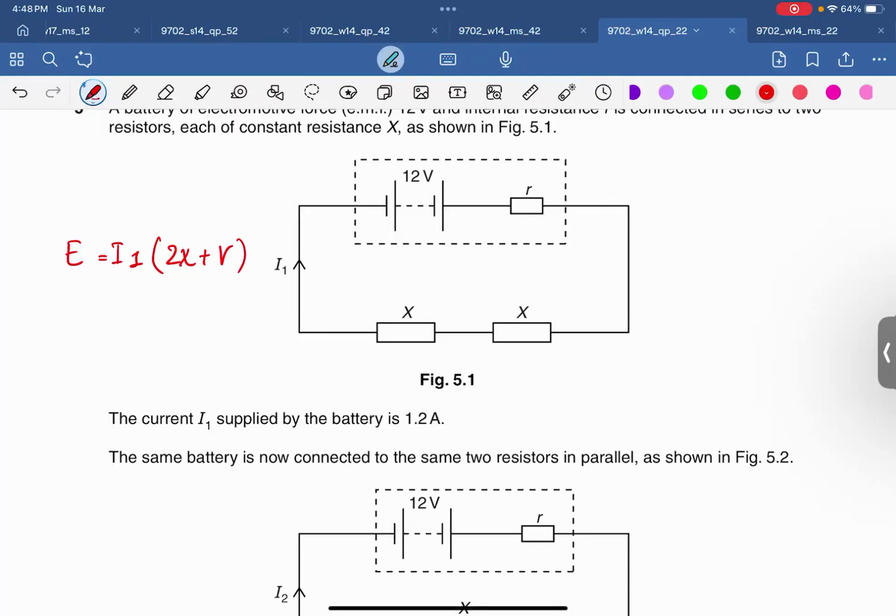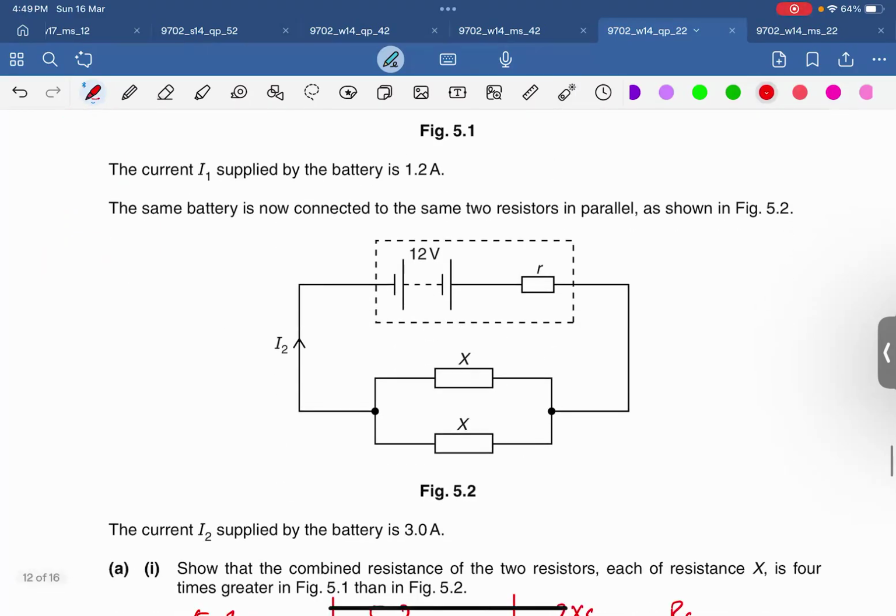No, it's just Kirchhoff's law. V equals IR. So the total voltage E of the battery drops across this and this. So I just add all the resistances and there's a current, right? Clear? And for this one, the total voltage E, I2.